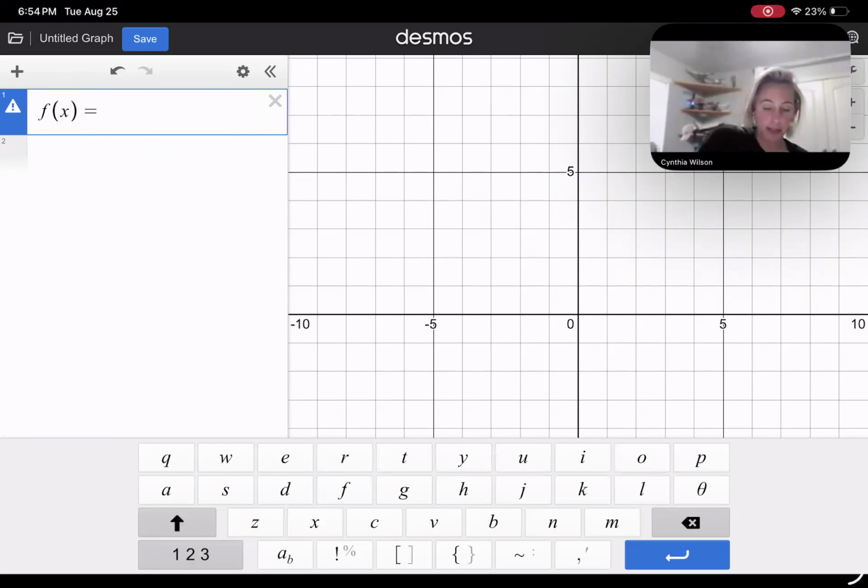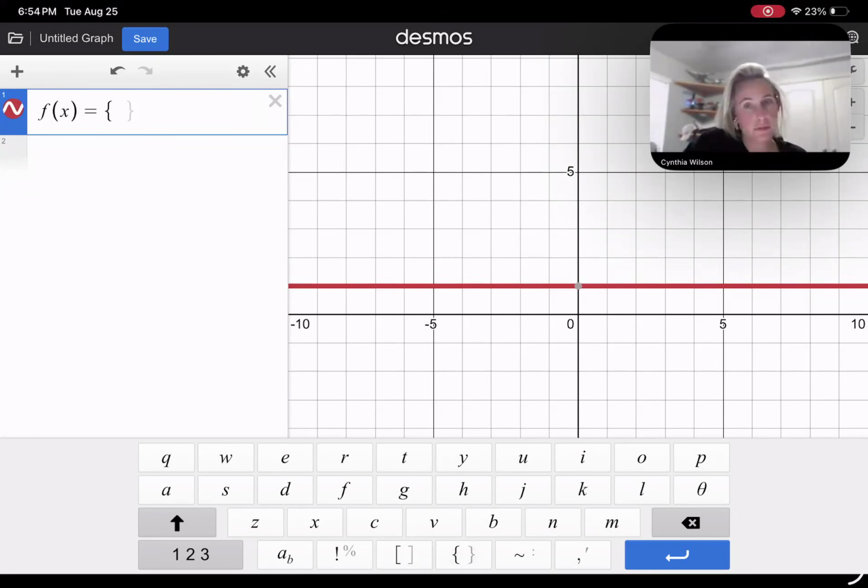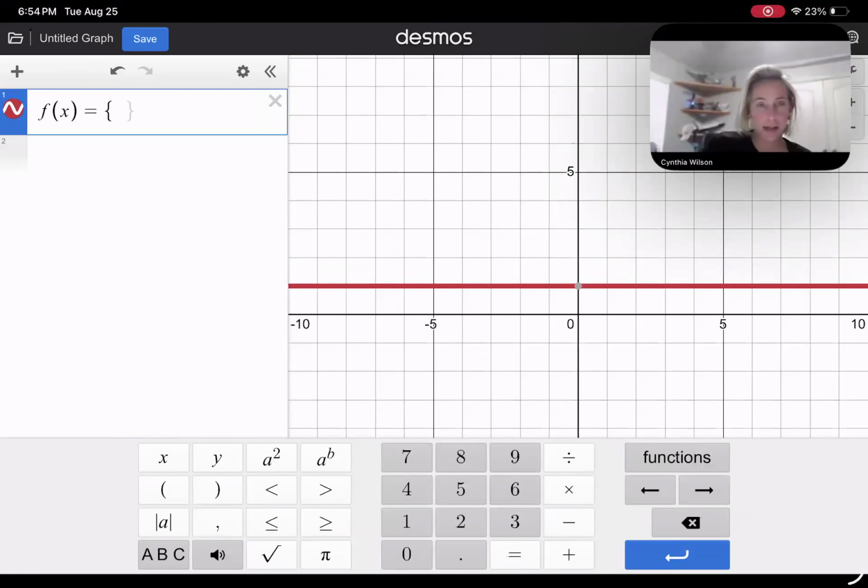Okay, then we're going to go back to ABC. And we want the braces. So if you look on the bottom row, at least on mine, I have braces. I go back to ABC or back to 1, 2, 3 because X is right there, but you could have it in ABC as well.